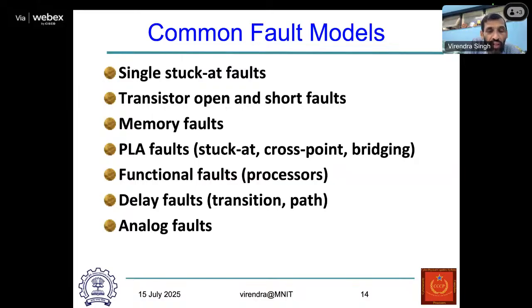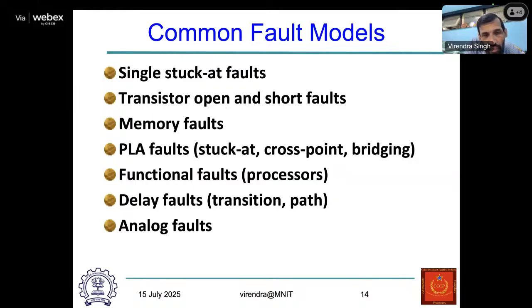Now how to test the analog circuits, that is another challenging problem. We have done pretty well for the testing of the digital circuitry. However, the test of analog circuits is still in infancy. If anybody has an interest, this is another interesting problem to target.